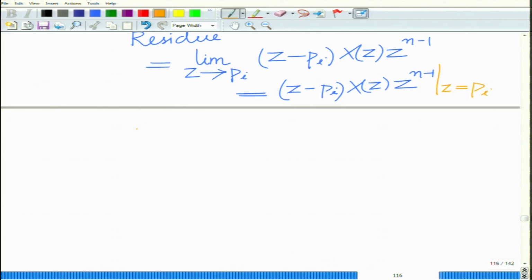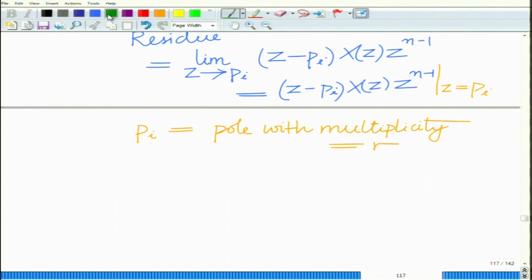Now, for a pole with multiplicity r, where r is greater than or equal to 1, for any general multiplicity, let p_i be a pole with multiplicity r.